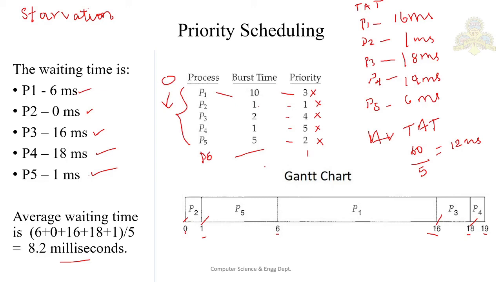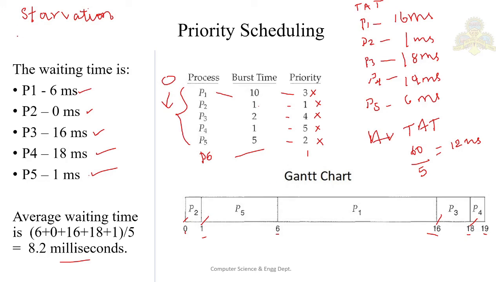In this case, P3 and P4 will have to wait again, and the CPU would be given to this particular process P6. That's why we call this starvation: whenever a higher priority process enters the ready queue, the lower priority processes already in the ready queue and waiting for the CPU have to wait.